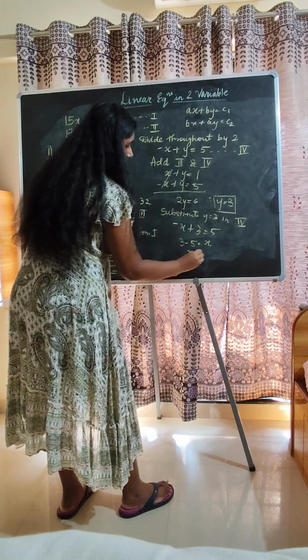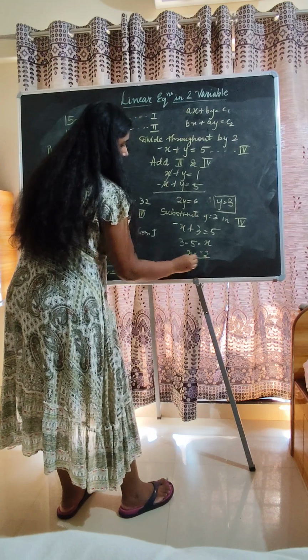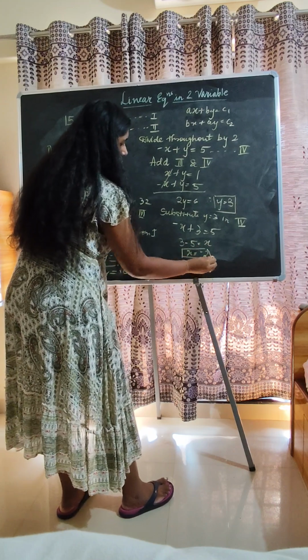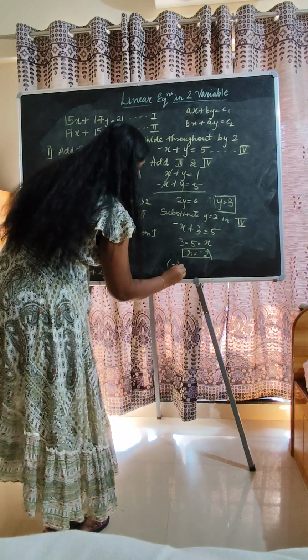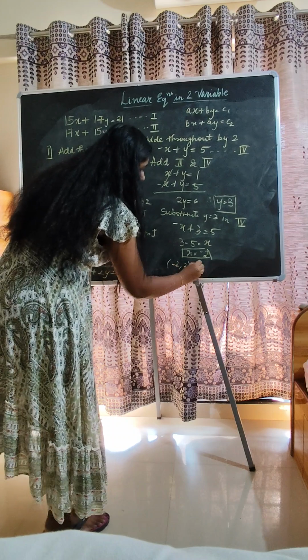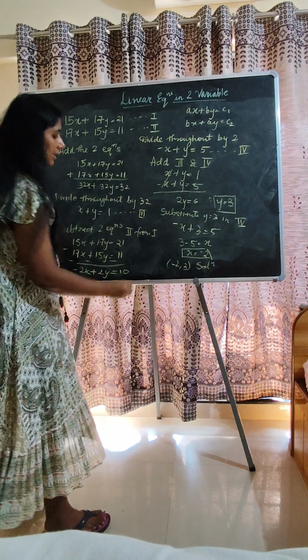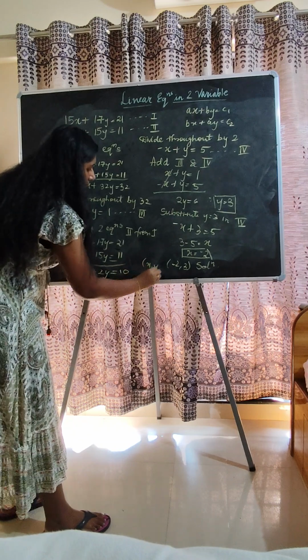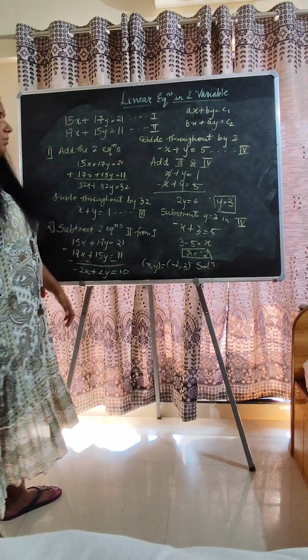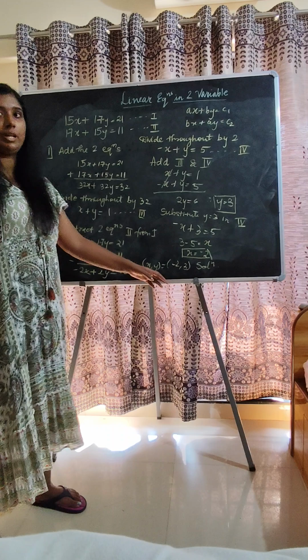So x is minus 2. So minus 2 comma 3 is the solution. x comma y is equal to minus 2 comma 3 is the solution to the equation.